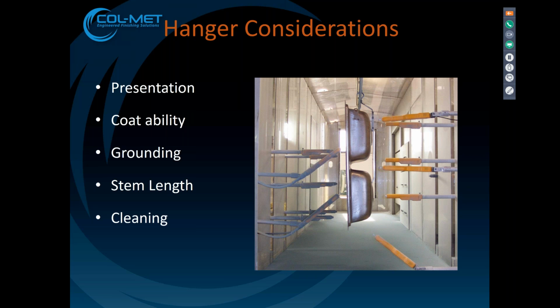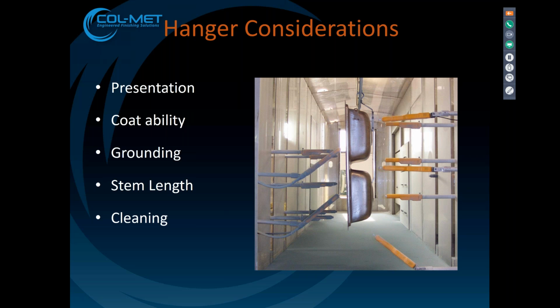If it's an electrostatic system, the parts to be coated obtain their ground directly through the hanger. So it's extremely important that we design the hangers and the hooks to have good contact with one another and with the workpiece to be coated.